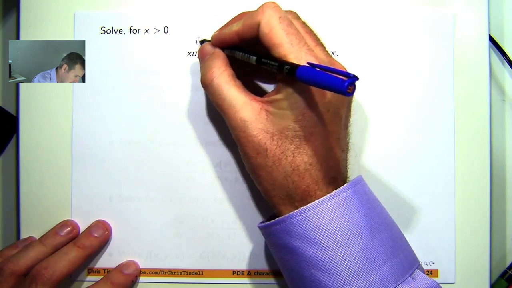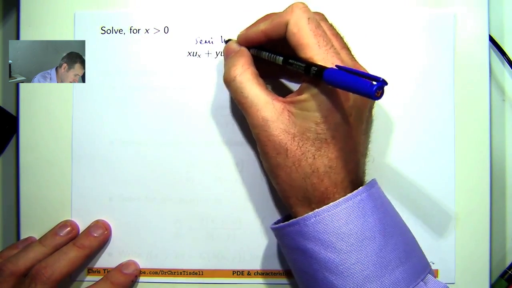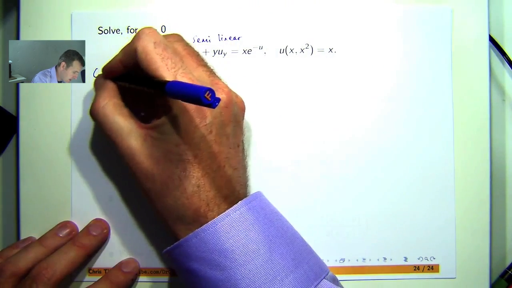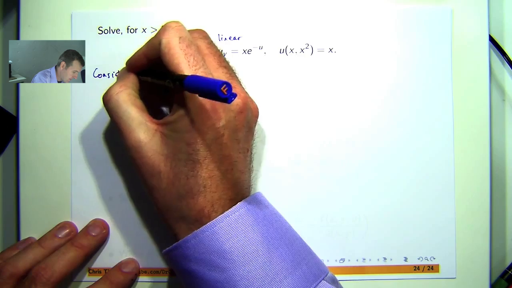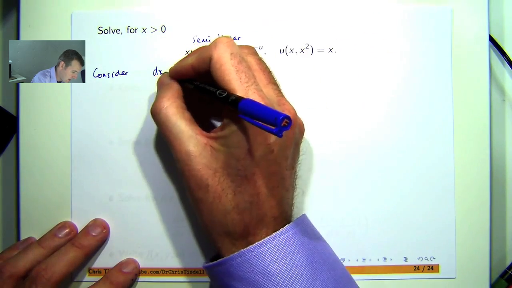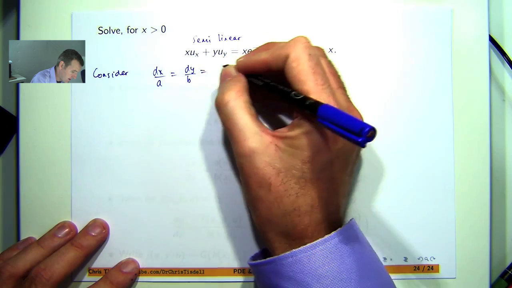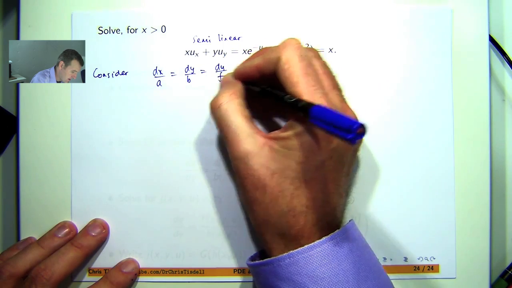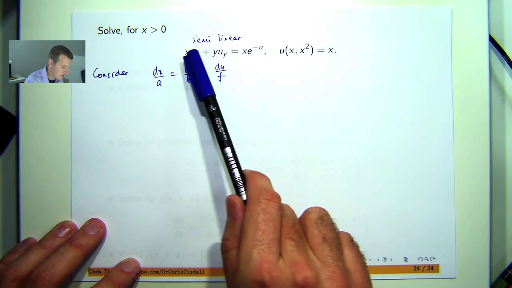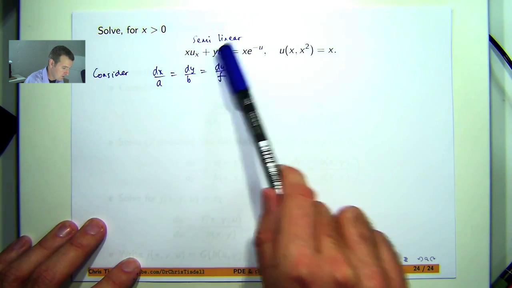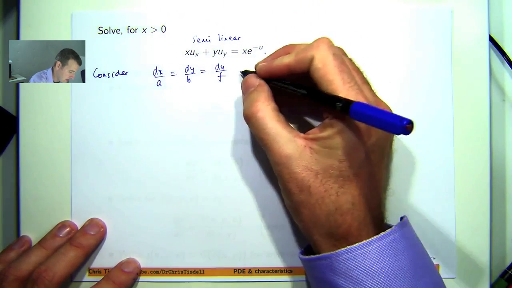So this is a semilinear problem, and let's consider the following set of equations. The coefficient of u sub x is x, so that's a, b would be y, and f would be the right-hand side.